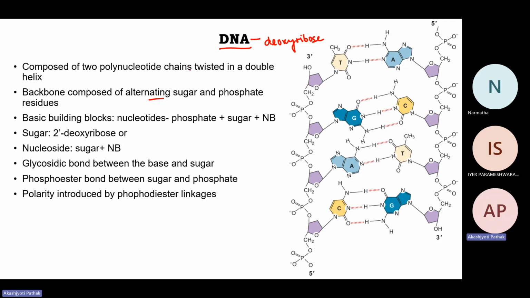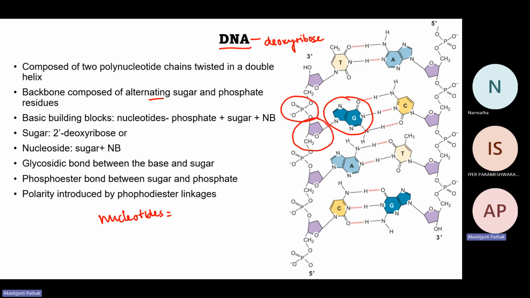And what are the basic building blocks of DNA? The basic building blocks of DNA are the nucleotides. You all know about these concepts; you have already learned them in class 11th and 12th. The nucleotides basically have three main components: the sugar molecule, the nitrogenous base, and the phosphate group.